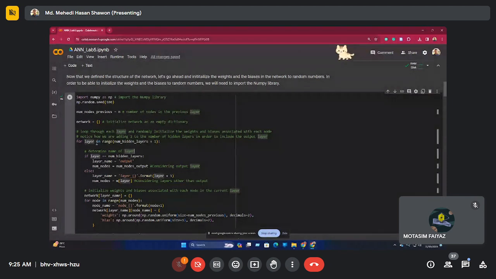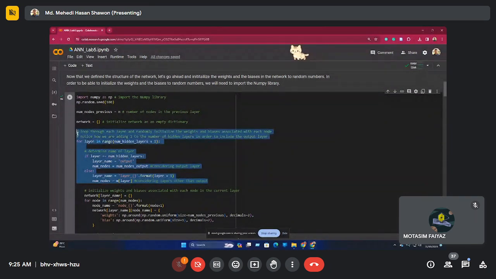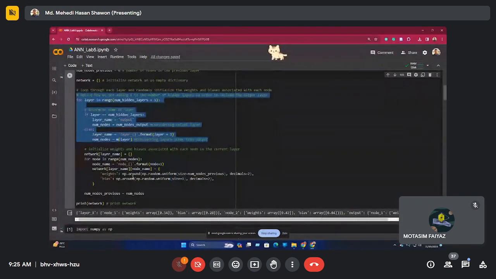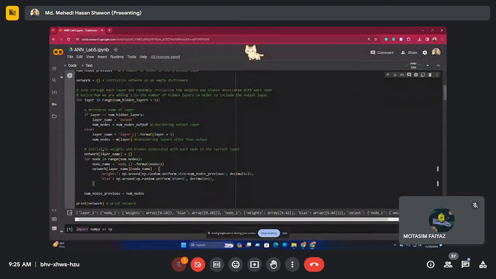So basically, using the first for loop we will propagate through the layers, and using the second for loop we will initialize the weights and bias associated with each node in that layer. That's the simplest explanation of this code.